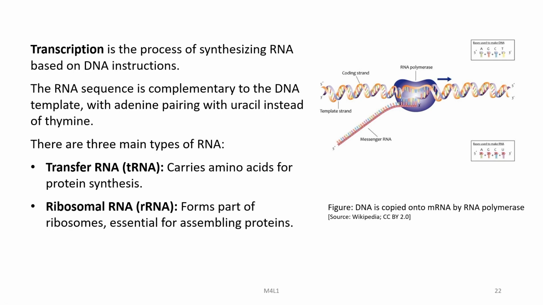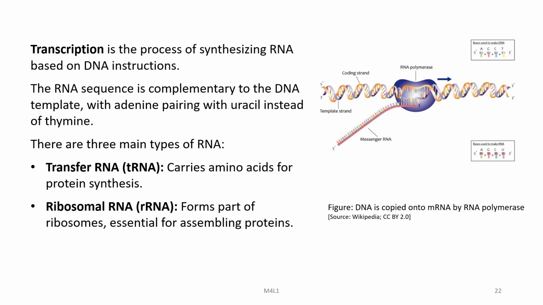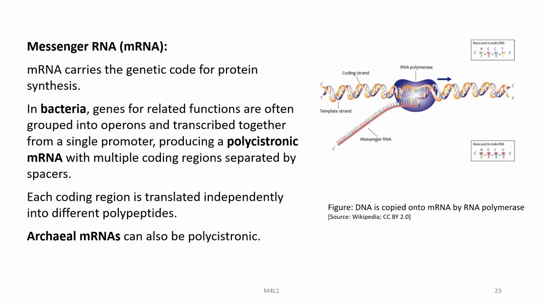These two do not get translated to produce proteins, but the mRNA will be producing proteins. But these two are very much essential for the production of protein using messenger RNA. So, mRNA carries the genetic code for protein synthesis.